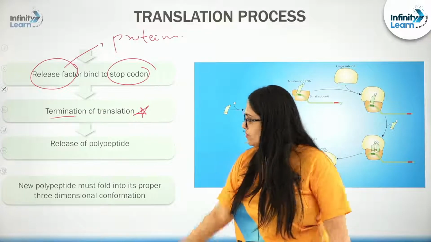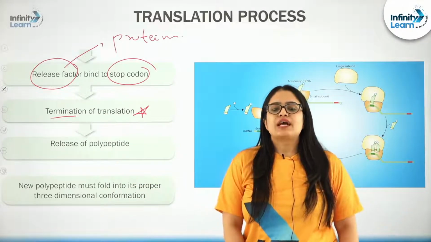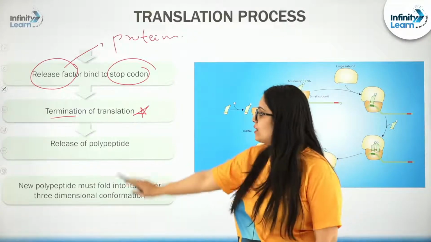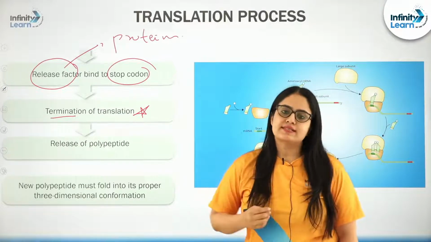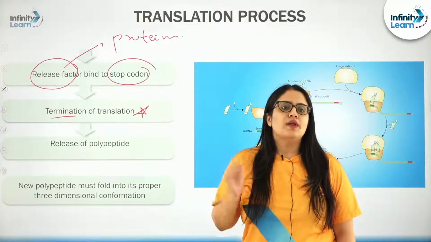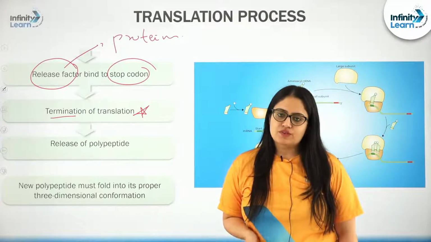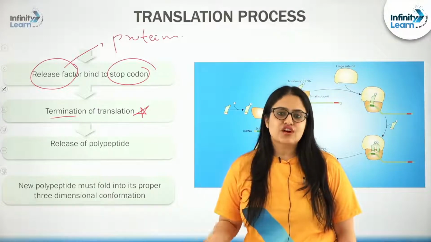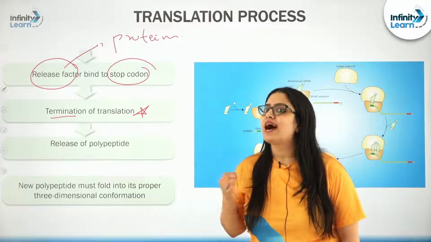process. And as a result, what will happen? The formed polypeptide chain will be released, but not to forget, releasing the polypeptide chain is not the end. That newly synthesized nascent polypeptide chain will now undergo post-translational processing, where it will fold into its 3D structure, which is very important for this protein to become biologically active.